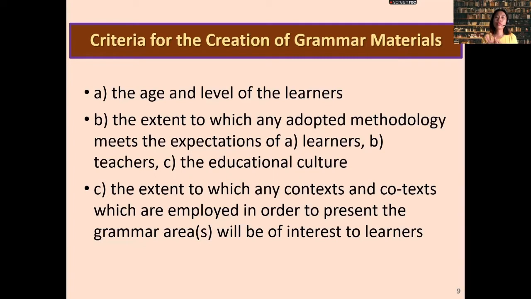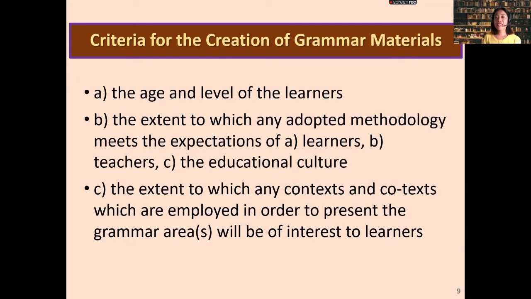So we have to really consider the age and the level of the learners and the extent to which any adopted methodology meets the expectations of learners, teachers, and the educational culture. We have variables here that we have to take a look into. Expectations of learners. The teachers also have their own expectations.